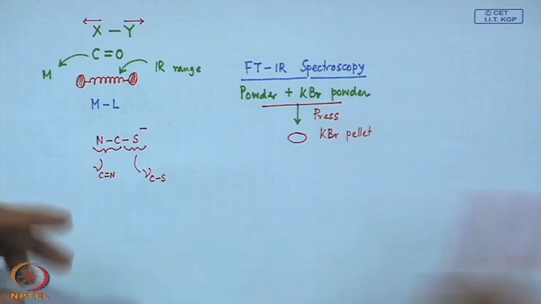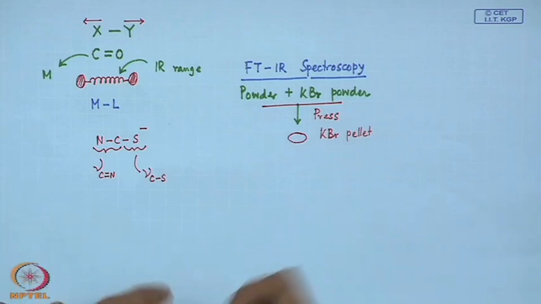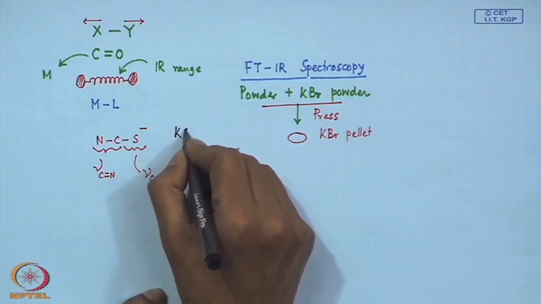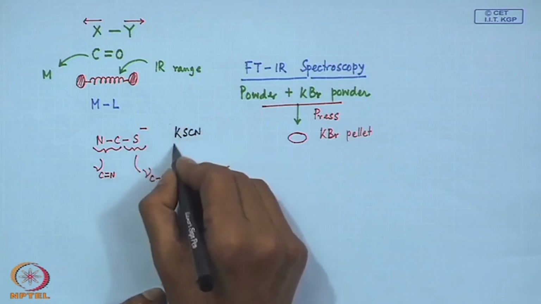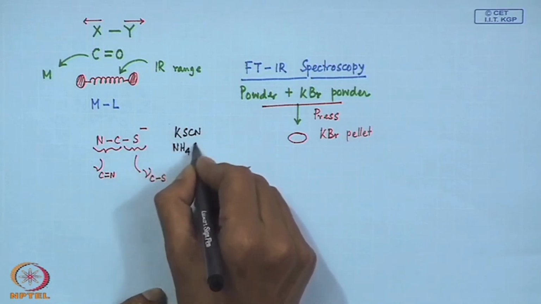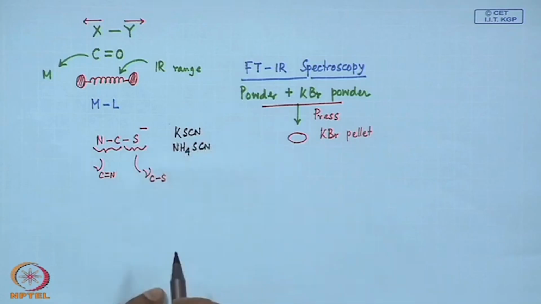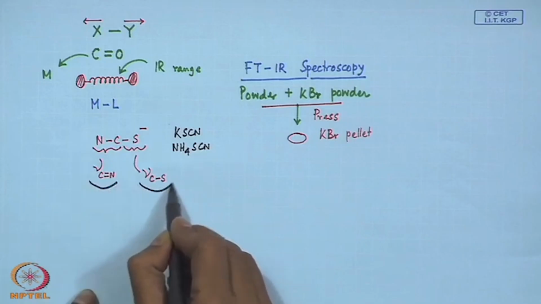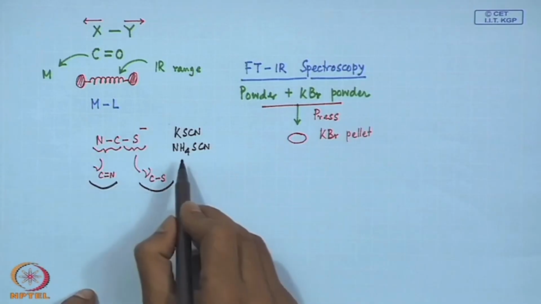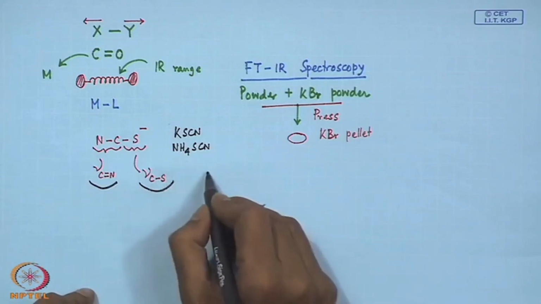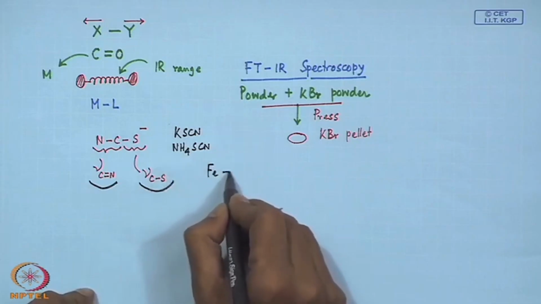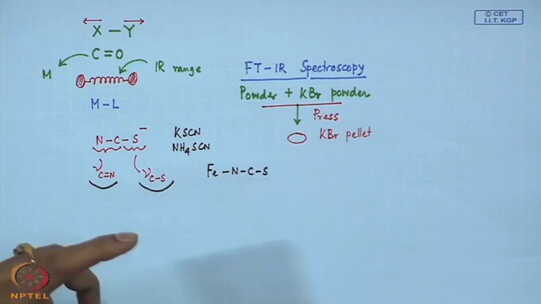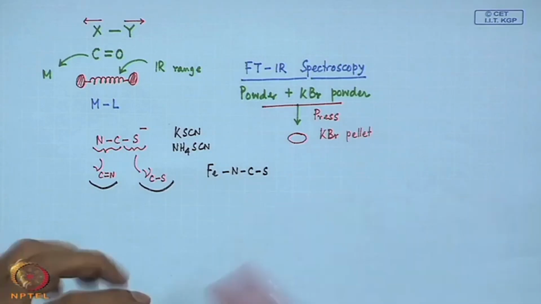If we can monitor these two nicely in the parent salt, which can be potassium thiocyanate or ammonium thiocyanate, these two values are known when it is not bound to the iron center. But when it is bound to the iron center, we can compare these stretching frequencies.